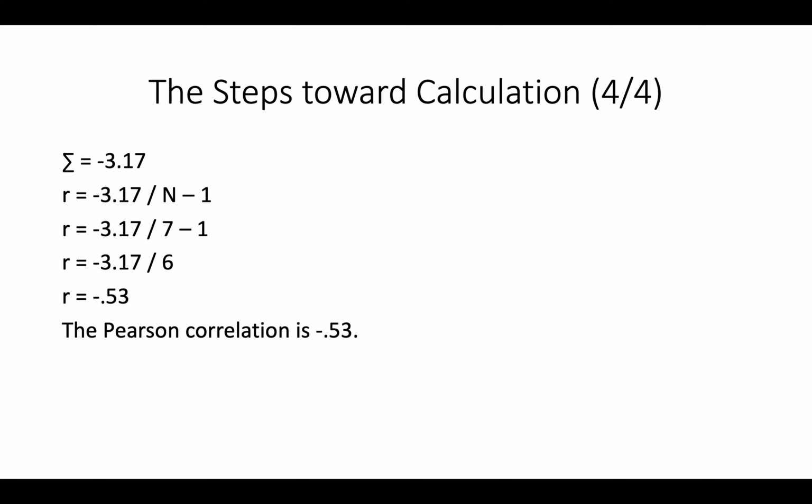We sum up those products, and the sum again is a relatively small number. We divide by the total number of cases minus 1, and we wind up with a correlation, which is represented by the little r. So that means Pearson's r, or Pearson's correlation, is minus 0.53. So that is the result of the calculation.